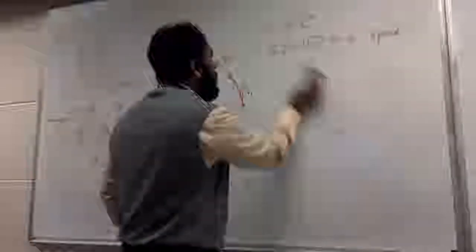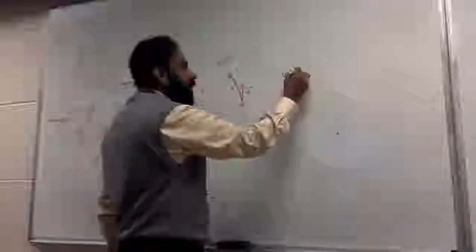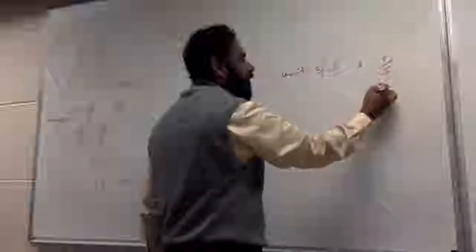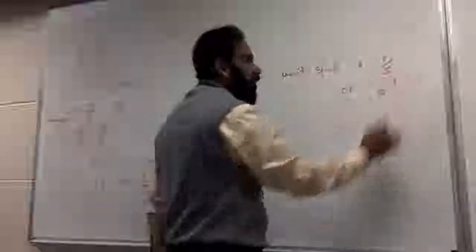So what is the unit of this? What's the unit of F? 1 over second. So the unit of F is 1 over second, or second to the power of minus 1.